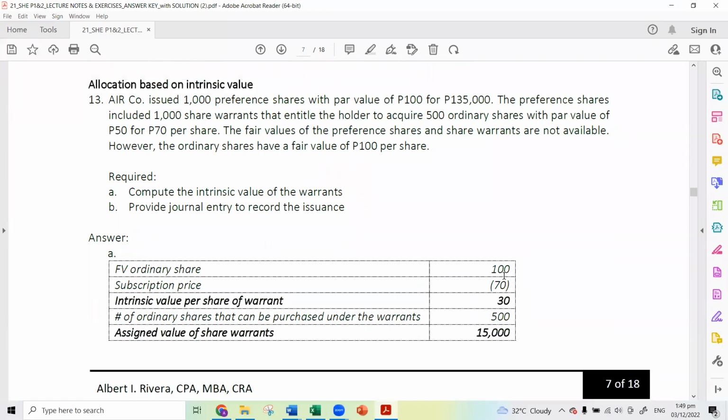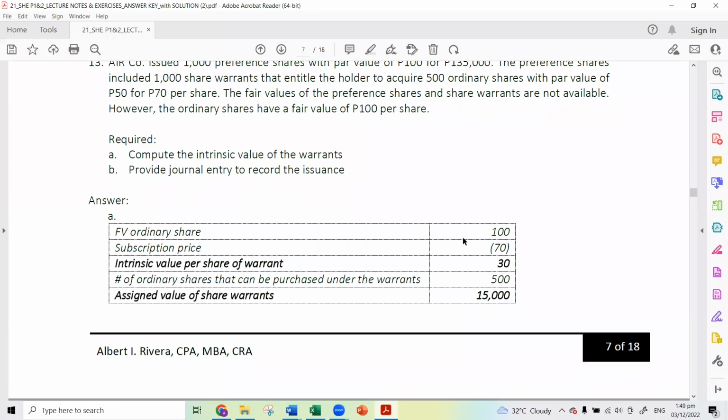When both preference shares and the warrants do not have available fair values, the allocation of the issue price is based on the intrinsic value of the warrants. Okay? And the intrinsic value of the warrants is the difference between the fair value of the ordinary shares and the subscription price. Okay, so that is the intrinsic value of the warrants.